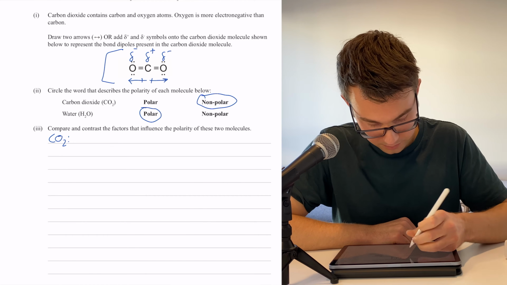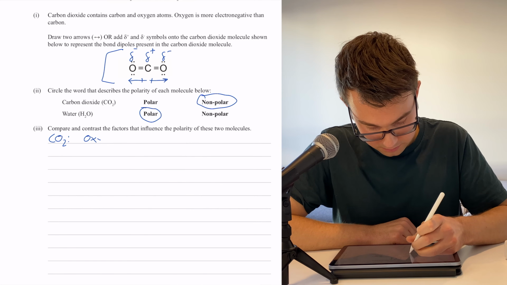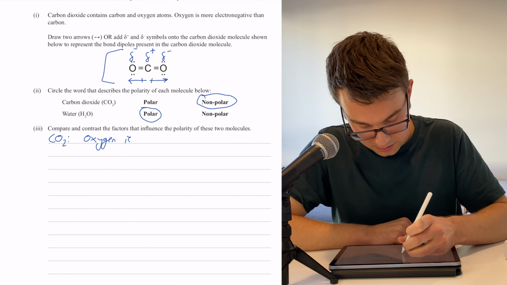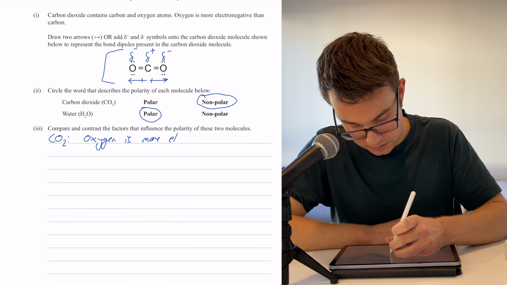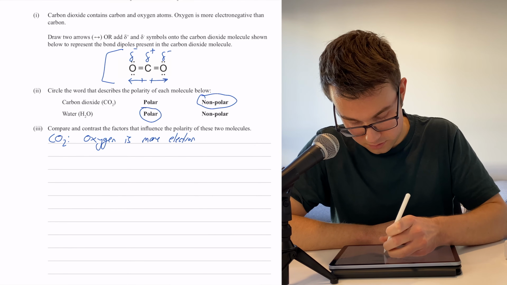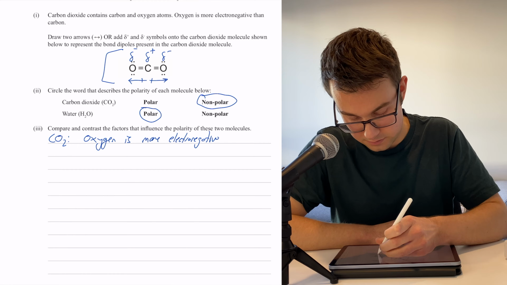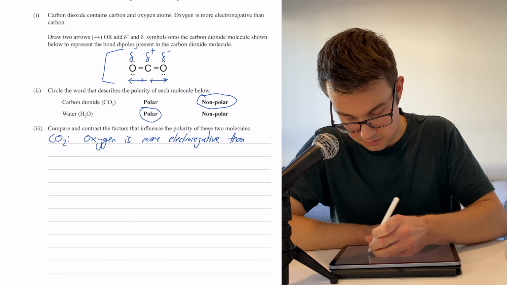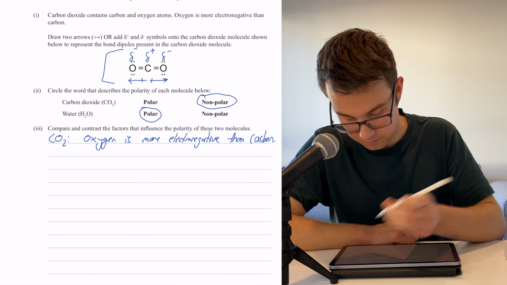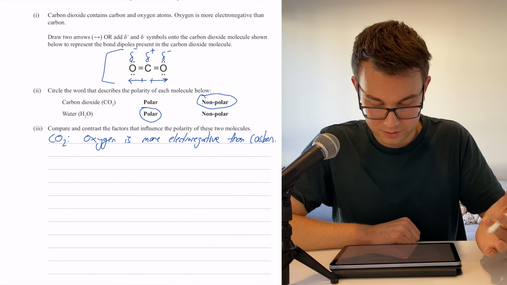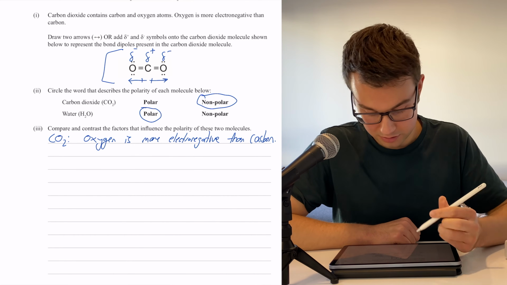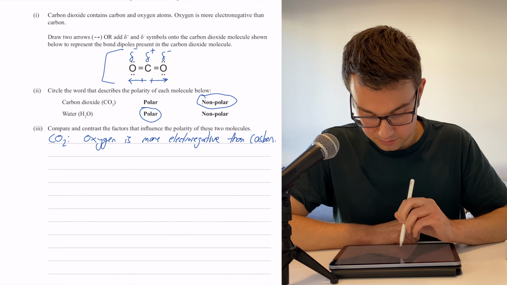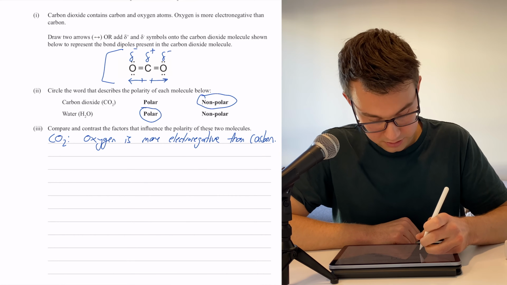CO2: oxygen is more electronegative than carbon. Well, you've just restated what they've already given you. Perfect.